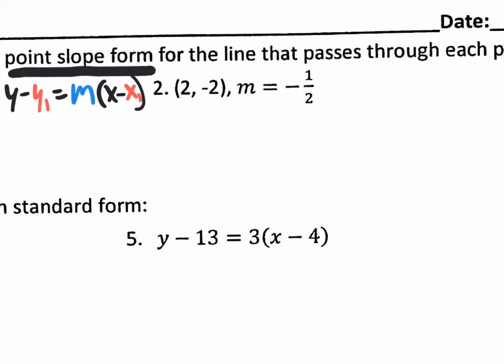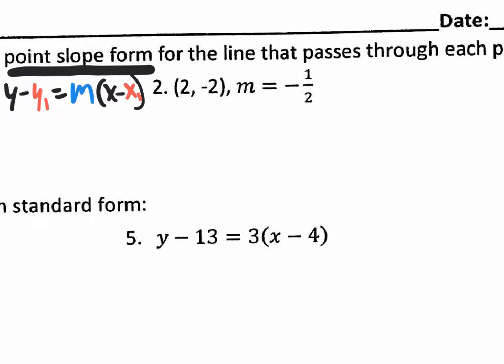Number 2. We also want this one in point-slope form, so let's again write point-slope form, but with blank spots. We're going to have y minus y1 equals m parenthesis x minus x1. And you simply plug in your x, your y, and your m. The m is always in front of x, that's negative 1/2 right in front of the parentheses.